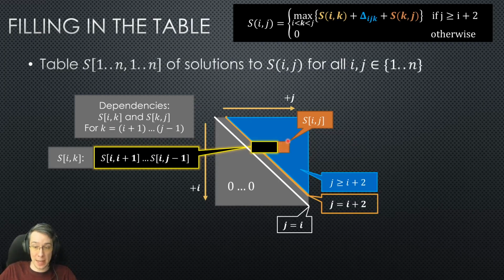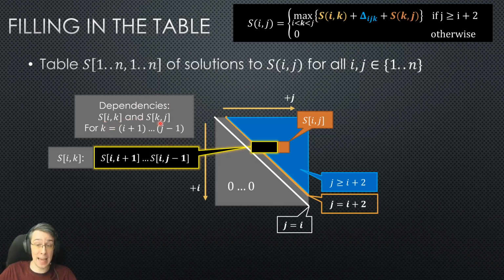So this is S_ij. S_i,j-1 is just to the left of this. S_i,j-2 is to the left of that still. And we keep going until we get all the way to S_i,i+1, which is just to the right of the line where j equals i. So this black region here is for S_ik. This is all the dependencies induced by the term S_ik in this recurrence.